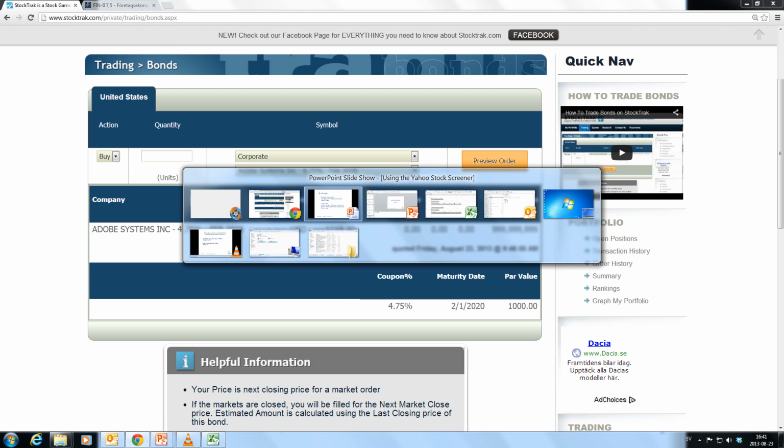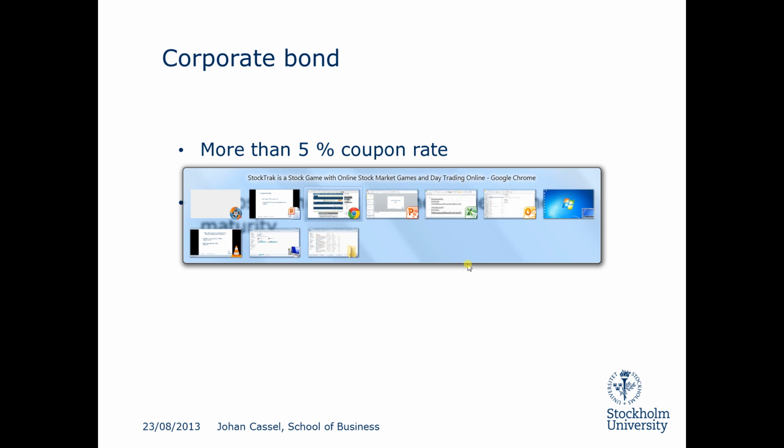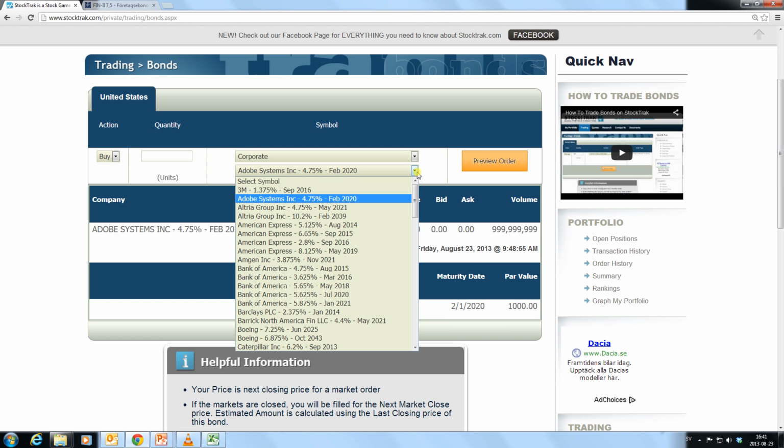So I'm going to begin with the corporate bond, and I'm going to require that the corporate bond has more than a 5% coupon rate. That's a minimum for me, and this is taken for no specific reason, just to have one example. And then I'm going to choose the bond that has the longest time to maturity. So if I go back here, I will not look at, for example, this one, Adobe Systems, because it does not have a coupon rate above 5%.